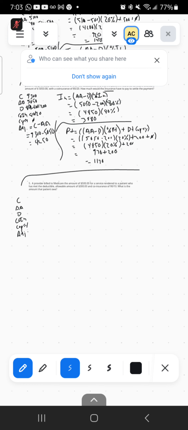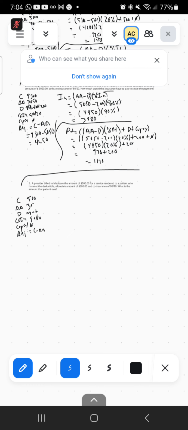The provider billed an amount of $500. The deductible is met. The allowable amount is 300. Co-insurance is 90/10. Co-payment is 0 because it doesn't say. The adjustment is charges minus allowed amount.